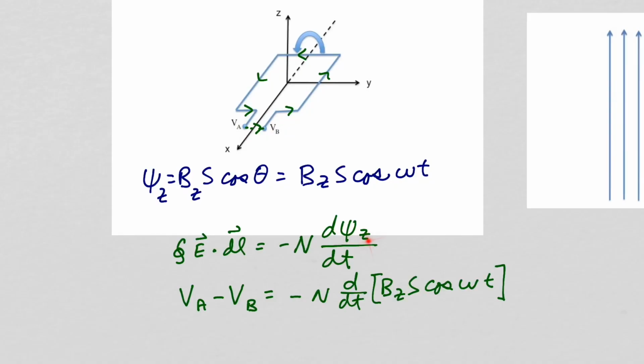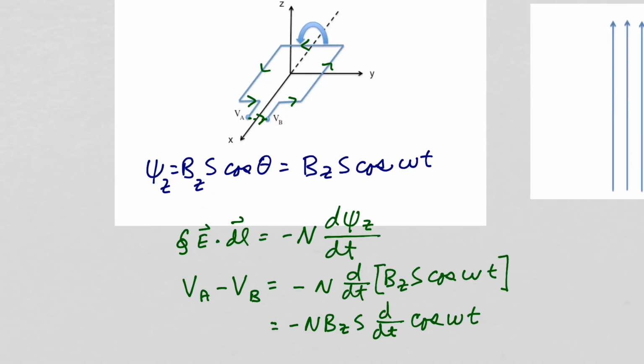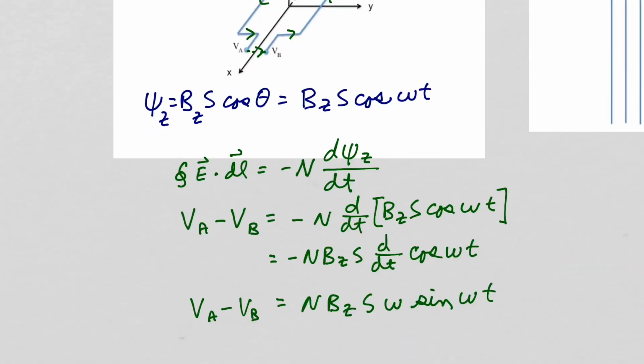For psi sub z, we will substitute B sub z S cosine of omega t. B sub z and S are constants, so they can be removed from the differentiation. So we perform this differentiation, we get minus omega sine of omega t.